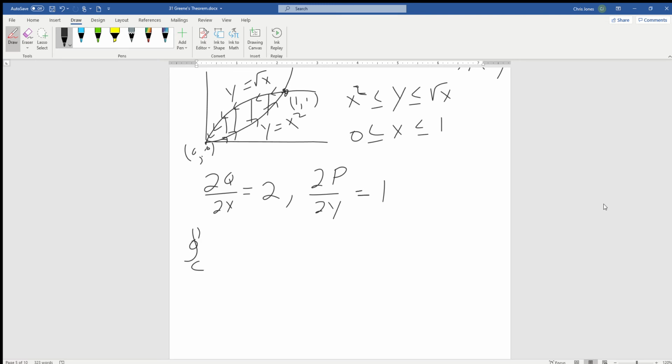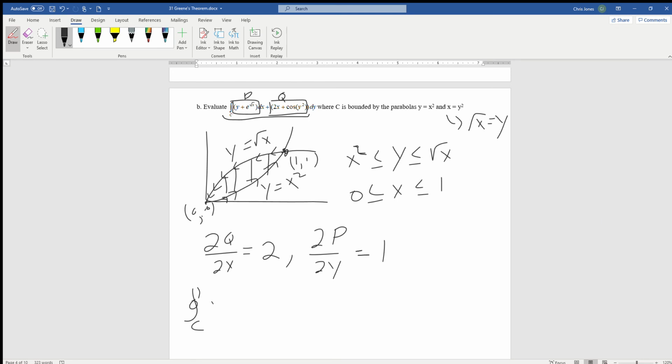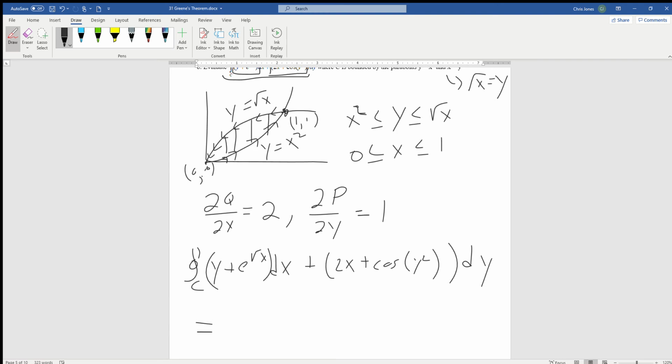And so we can say that the integral over the closed curve of (y plus e to the root x) dx plus 2x cos y squared dy is going to be equal to a double integral, with y from x squared to root x and x from 0 to 1, of 2 minus 1 dy dx.